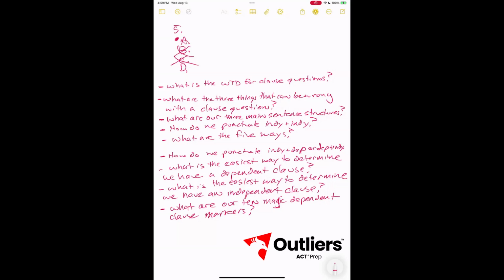There is an independent clause in the sentence. They switched it back to used. And so now we've got to determine, are the clauses separated improperly? So our sentence structure is still dependent followed by independent, and they used a semicolon. And that's how we separate independent plus independent, not dependent plus independent, which is a comma always. So we can eliminate D because the clauses are separated improperly, leaving us with just answer A.